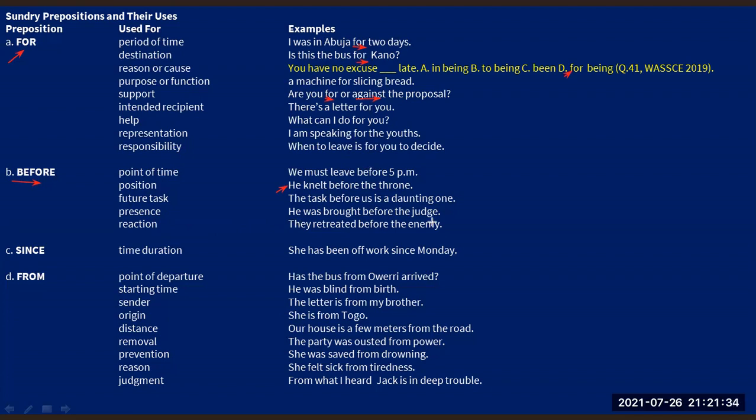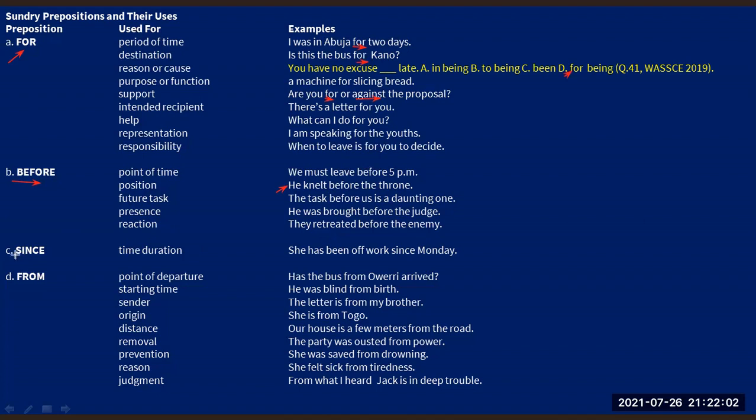When you talk about coming boldly to the throne of grace, you come before the throne. You are kneeling before the throne, all right? Then to indicate a reaction, for example, they retreated before the enemy, all right? That is retreat. They retreated before the enemy.